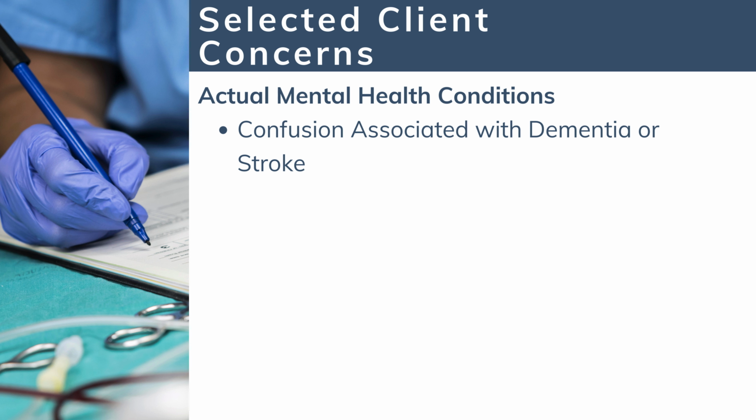Confusion related to dementia or head injury. This could be a problem, especially, for example, in a 55-year-old patient who mixes up names, misplaces items, and has trouble concentrating and conversing.